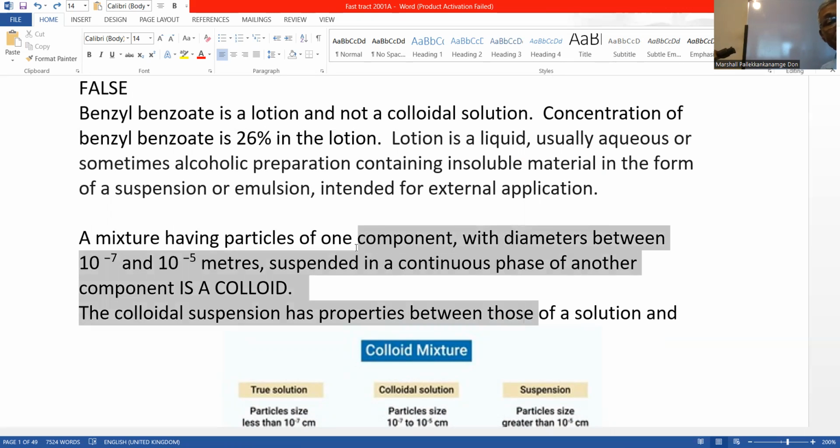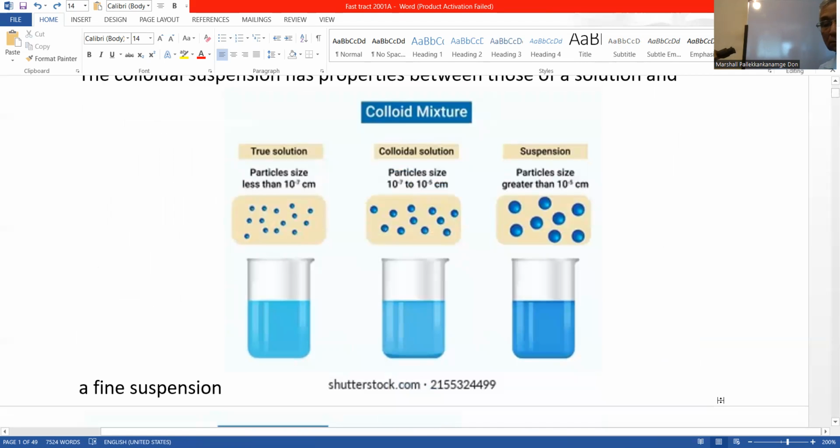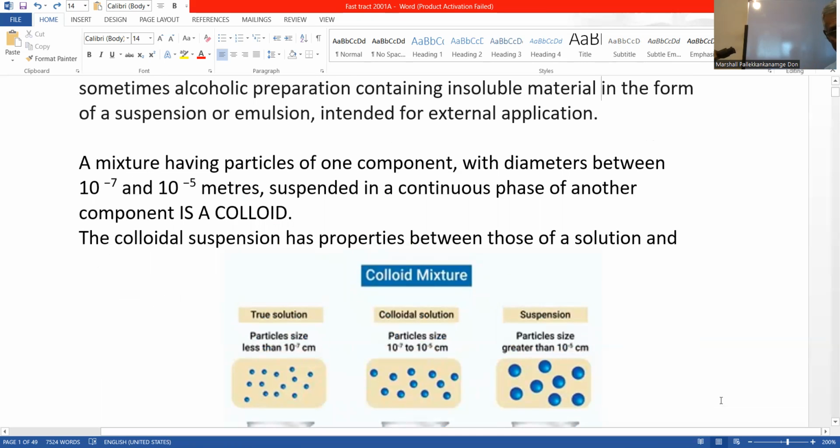The particle size of the suspension is more than 10 to the power minus 5 meters. 10 to the power minus 7 up to 10 to the power minus 5 meters are included in the colloidal part.